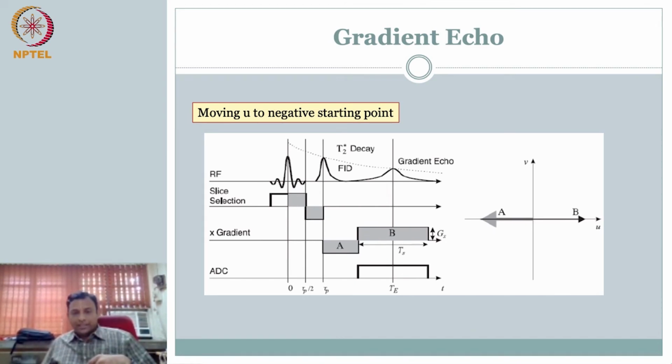You are actually recording the echo signal, not the original signal, and therefore this is called an echo signal. Not only that, this echo is coming because of the gradient. The echo of the signal is coming from the gradient, which is what you are recording, and therefore it is called gradient echo.